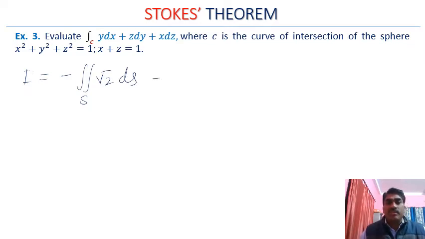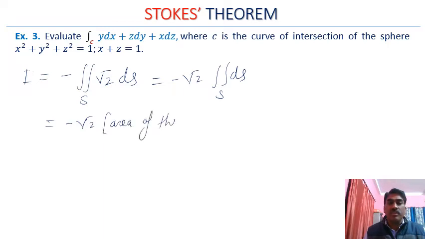And what is this? This is just minus root 2 times double integral ds. What is this? This is the area of the circle. This is minus root 2 times the area of the bounding circle.